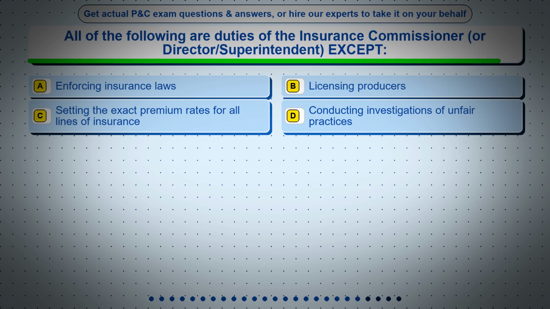Question 21. All of the following are duties of the insurance commissioner, or director/superintendent, except: Option A. Enforcing insurance laws. Option B. Licensing producers. Option C. Setting the exact premium rates for all lines of insurance. Option D. Conducting investigations of unfair practices.